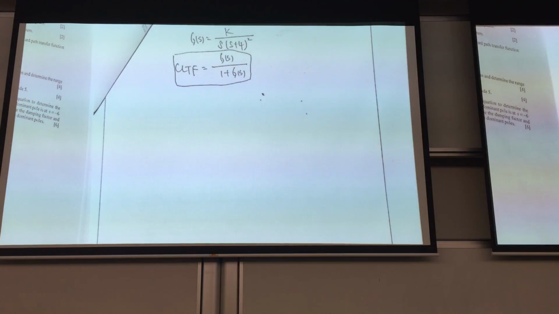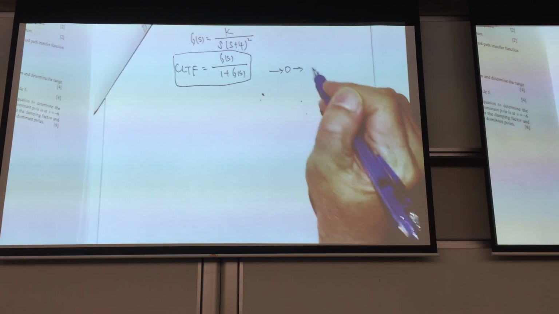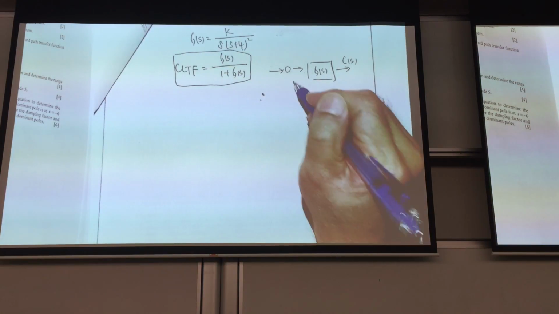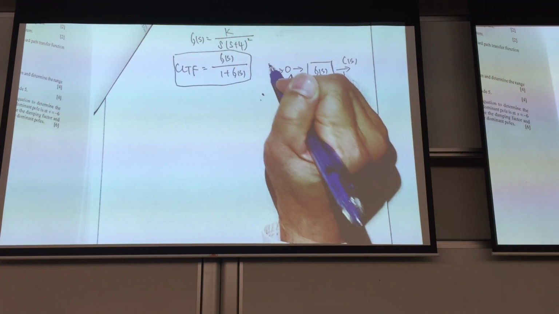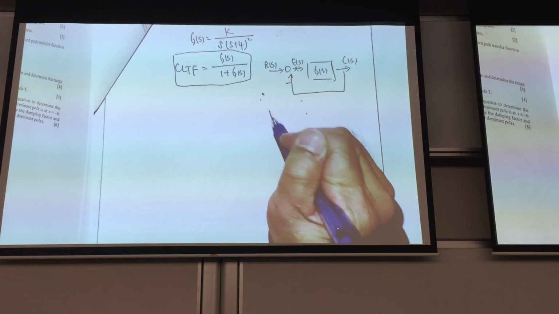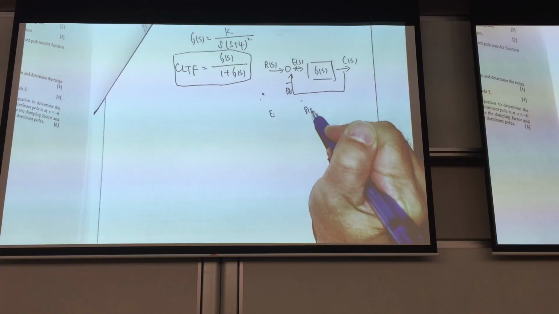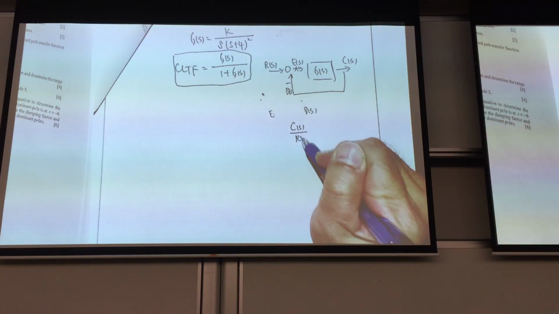Why do you want to say this is your G(s), this is your C(s), this is your R(s), and this is your E(s), then E(s) is equal to this, and B(s) is equal to C(s), and link everything, and eventually work out the closed loop transfer function of C(s) divided by R(s).